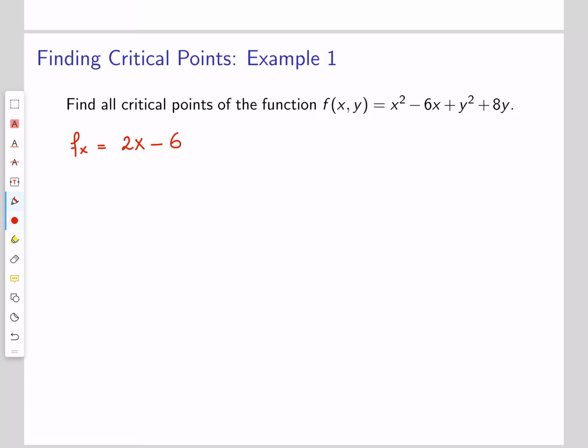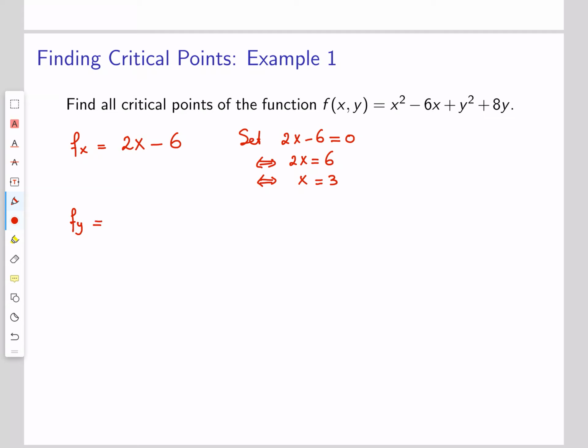We need this derivative to be equal to 0, so we set 2x minus 6 equal to 0. That is equivalent to 2x is equal to 6, which then, of course, is equivalent to x is equal to 3.